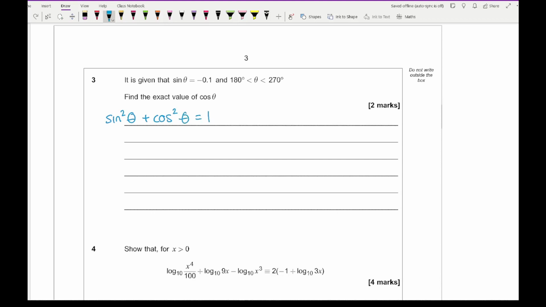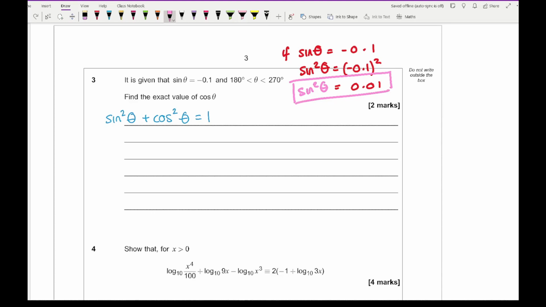equals 1. Now if sine theta equals minus 0.1, then that means that sine squared theta is going to equal minus 0.1 squared, which equals 0.01. So if I substitute this into our equation, what I end up with is 0.01 plus cos squared theta equals 1.